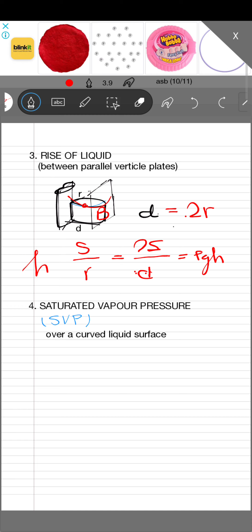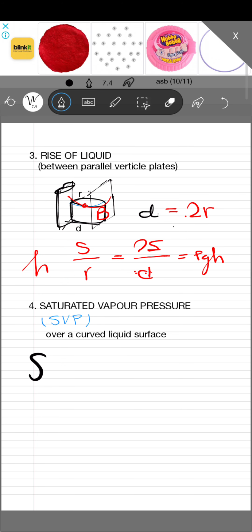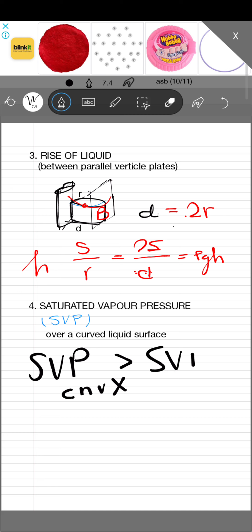Now, another aspect of surface tension is the saturated vapor pressure over a curved liquid surface, and it has been found that the saturated vapor pressure, we're calling it SVP, of the convex is usually greater than the SVP of the concave.